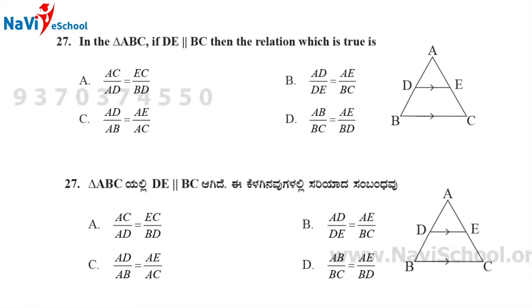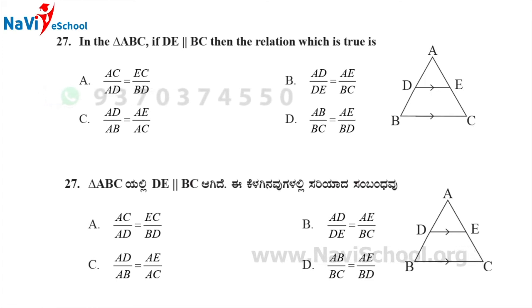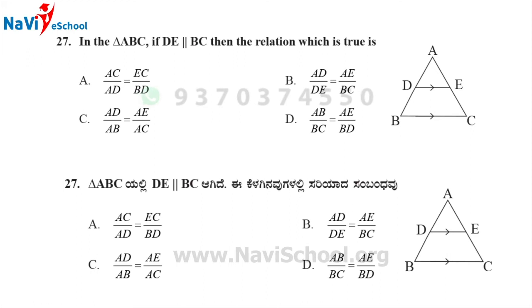Option B, AD divided by DE is equal to AE by BC. Option C, AD divided by AB is equal to AE by AC. Option D, AB divided by BC is equal to AE by BD.